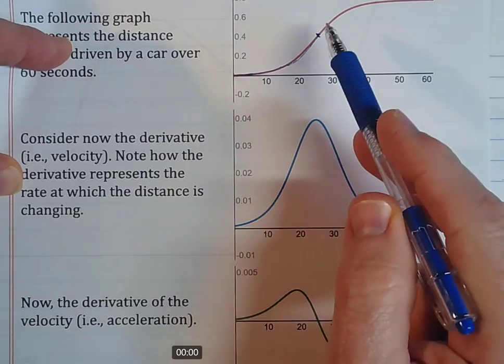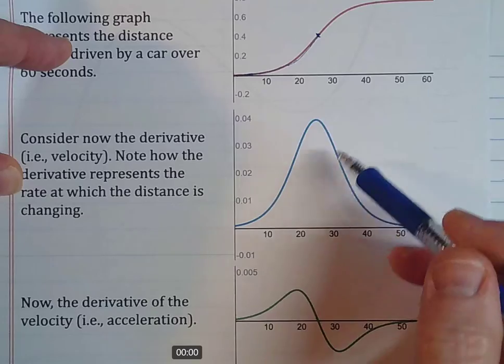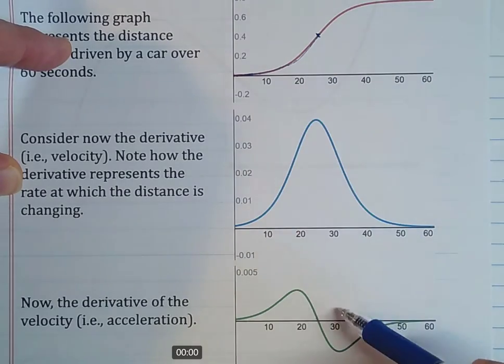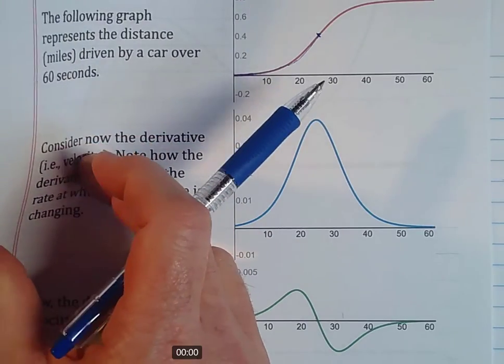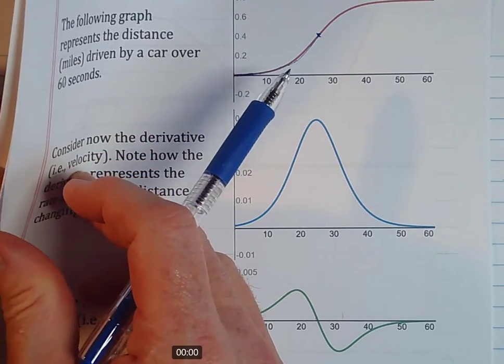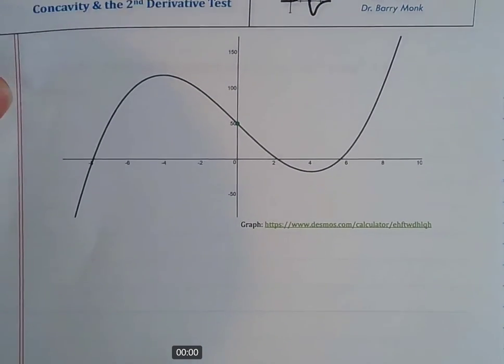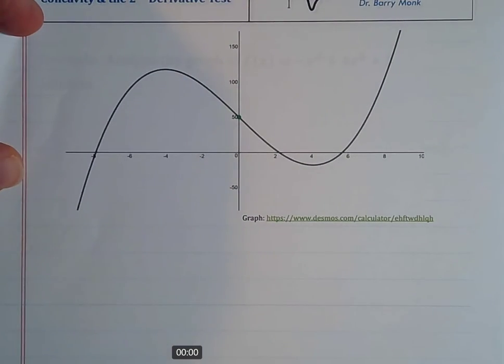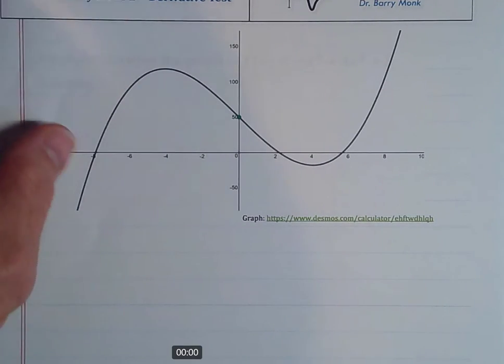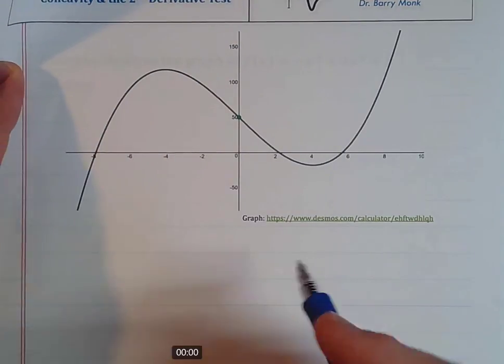So concave up, second derivative positive; concave down, second derivative negative. And it turns out that that's exactly the case. So I'll remind you that if we wanted to look at increasing, decreasing intervals, then we would look at the first derivative. But the second derivative will tell us about concavity.